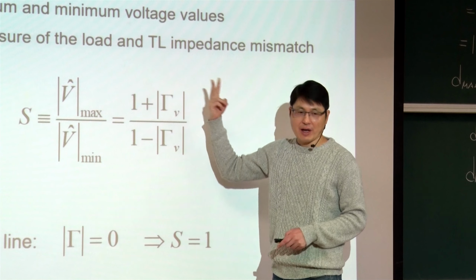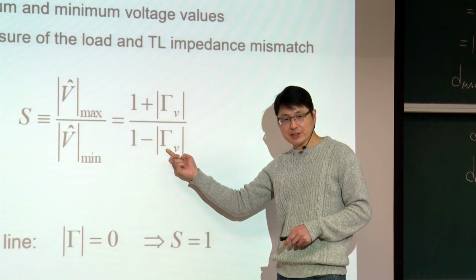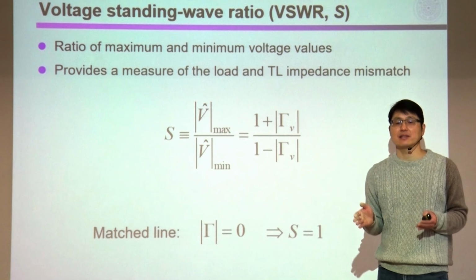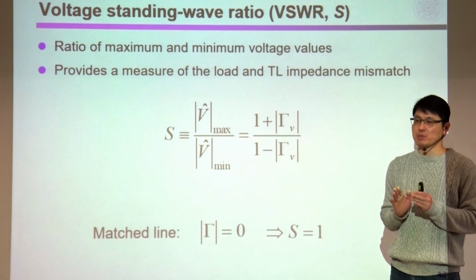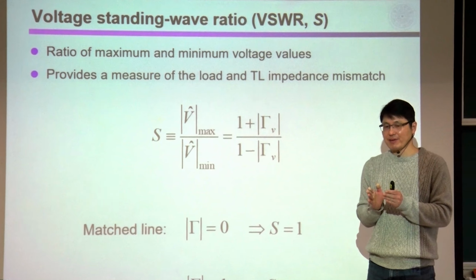So in the numerator you have 2, but in the denominator you have 0. So anything divided by 0 gives you an infinite value. So if you have the strongest standing wave possible, you have infinite voltage standing wave ratio. So this S value swings between 1 to infinite. Okay, so that's the reason why I said, if you can buy or make a transmission line to have an S value of 1.2, it's not ideal, but it's already excellent, right, as compared to infinite.